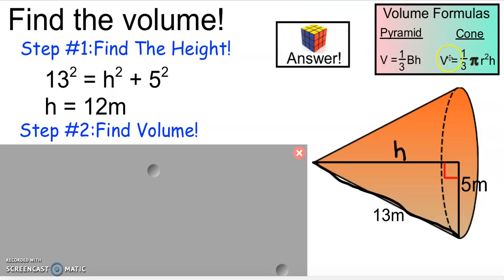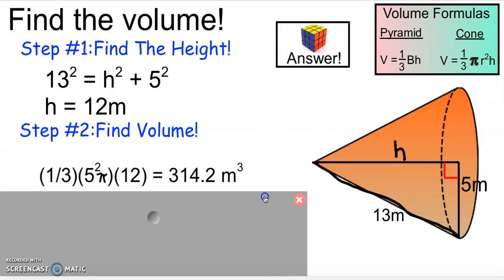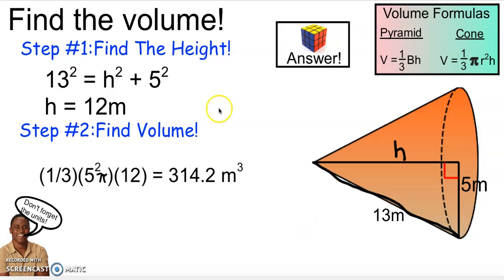Because this is a cone, it's going to be 1/3 times pi times my radius squared, so it's going to be 25, 5 squared, and then times my height of 12. So my calculations look like that. And when I take 25 pi times 12 and divide that by 3, that's basically the same as 25 pi times 4 would be 100 pi. This would be 314.2 cubic meters.